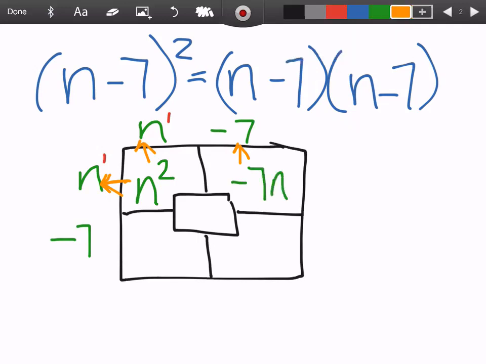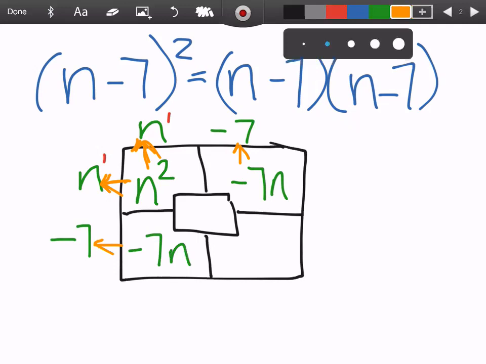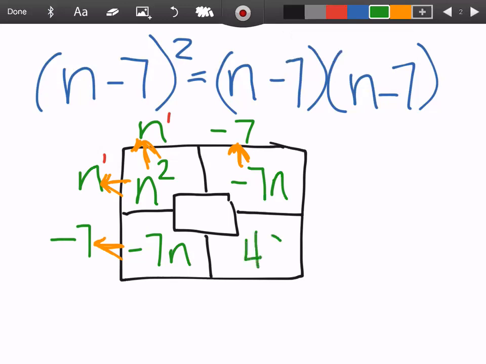Then, again, what's on top, we're going to multiply it by what's on the side. So n times negative 7 gives us negative 7n. And then, for the very last box, we're going to take negative 7 times negative 7. Now remember, they're both negative, so that's going to equal positive, and we'll get a positive 49.